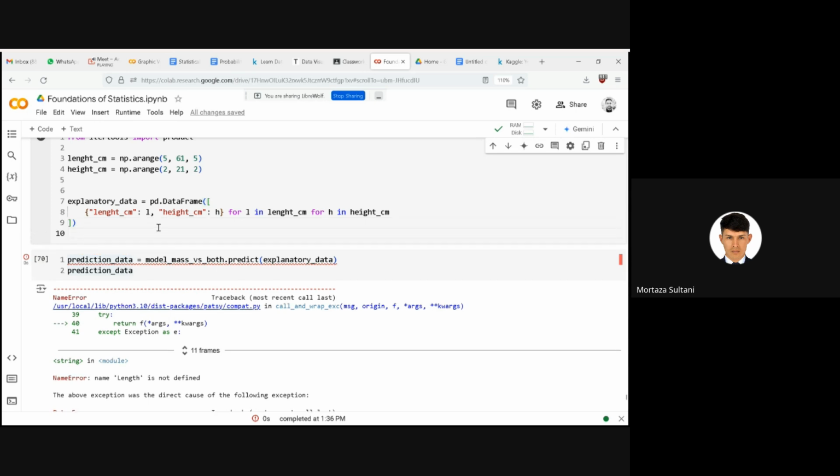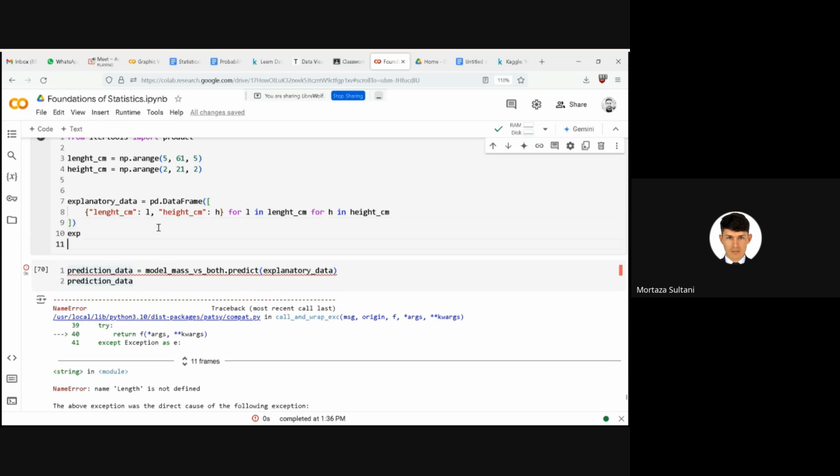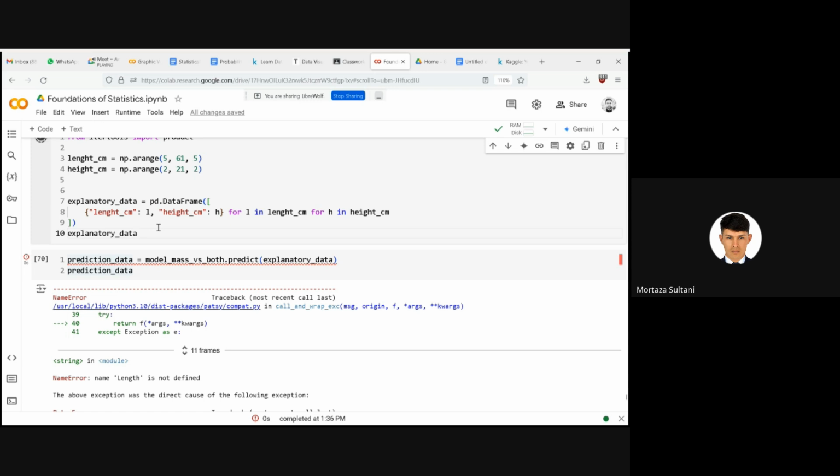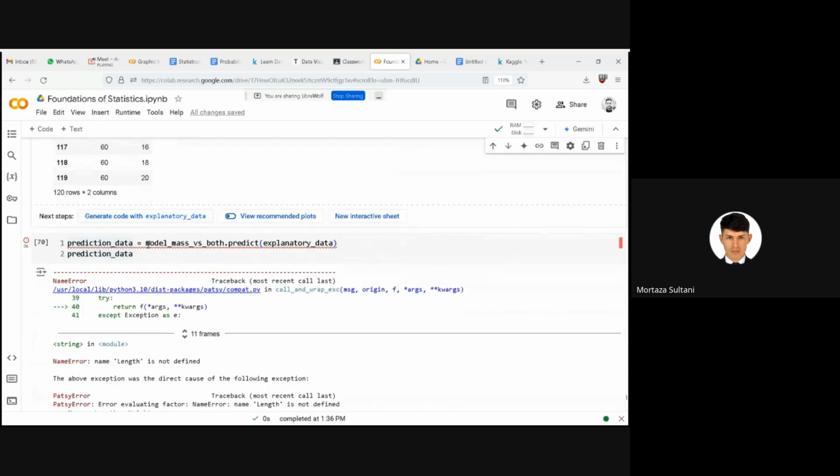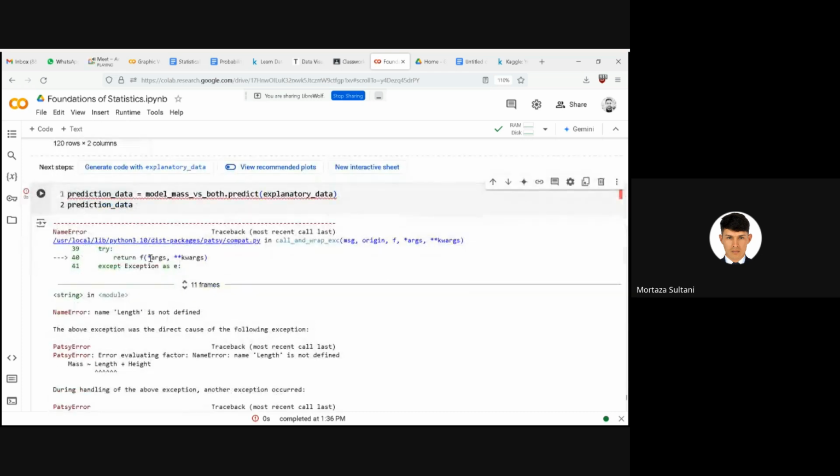So let me check the explanatory data. This is the explanatory data: this is the length and this is the height. That's okay. Now prediction data will be model mass dot predict and explanatory data. So just let's do that.